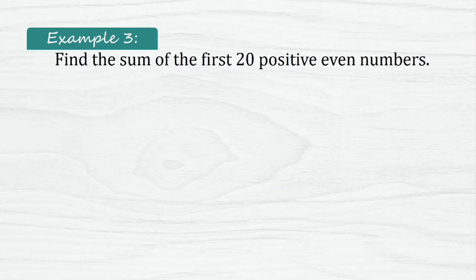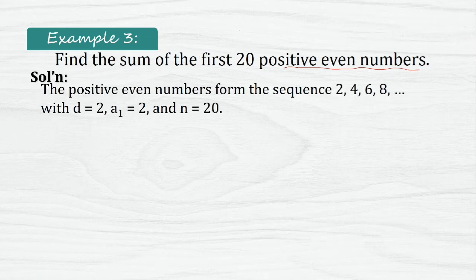Another example, find the sum of the first 20 positive even numbers. Okay, so the first thing we'll do here is we have to form a sequence based on the problem. So, the positive even numbers form the sequence 2, 4, 6, 8. Even just 3 terms or 4 terms is enough for us to identify the value of the common difference and the first term.